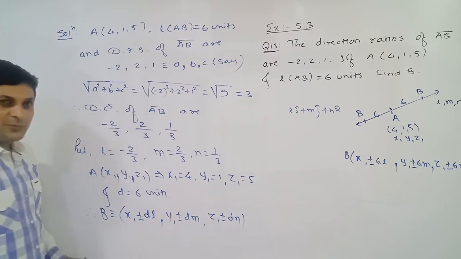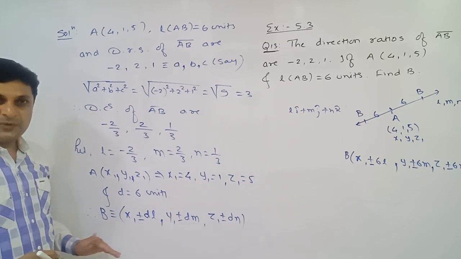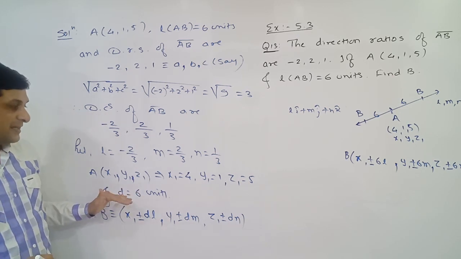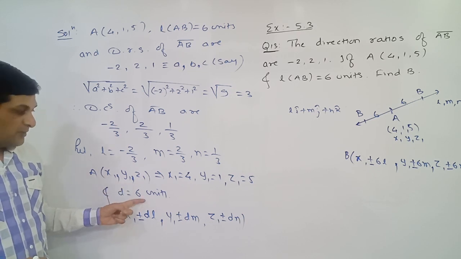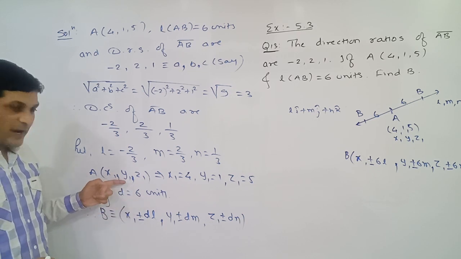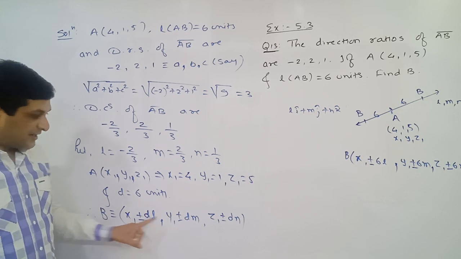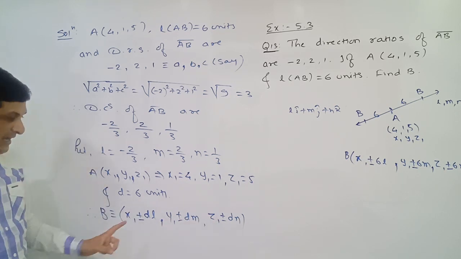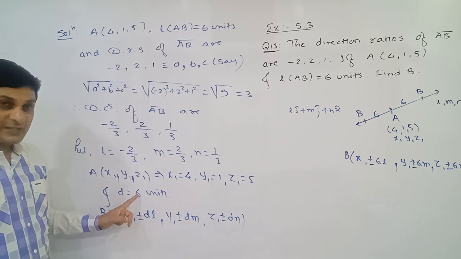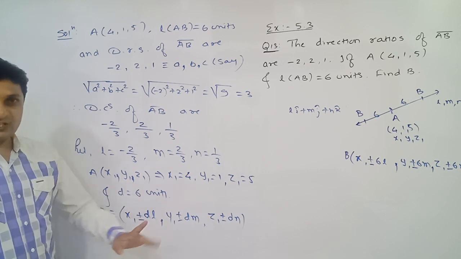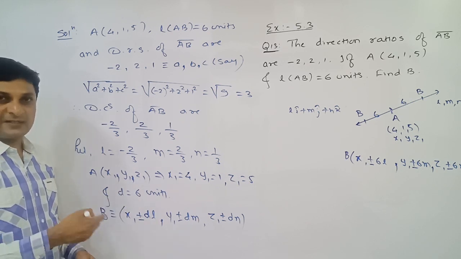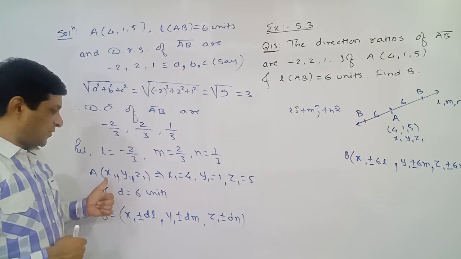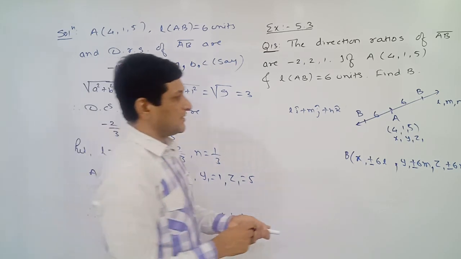Using this formula we are finding the coordinate of point B on the same line, AB, at a distance of 6 units from point A. The coordinates of point A are x1, y1, z1, and we are adding d, which means 6 units. So we are finding such points on this line which are at a distance of 6 units from A.